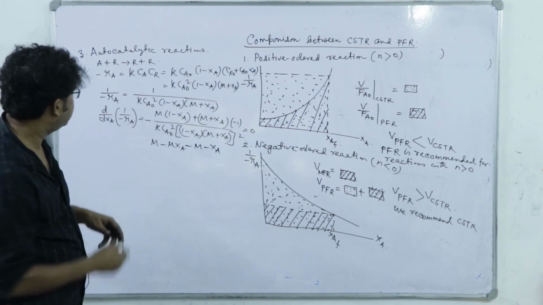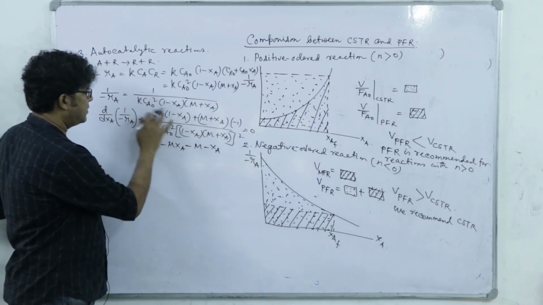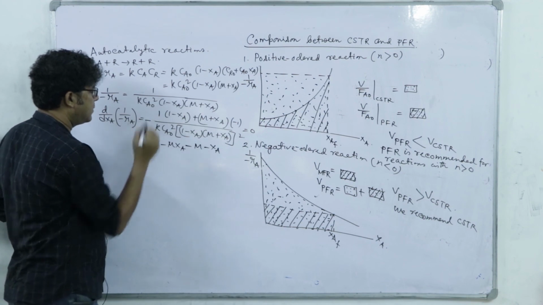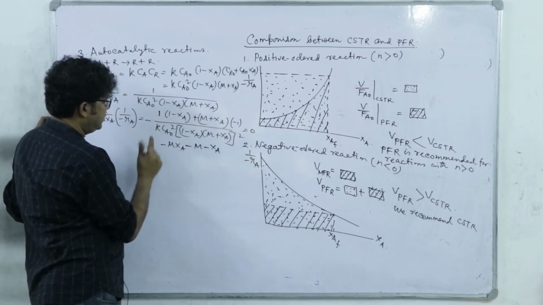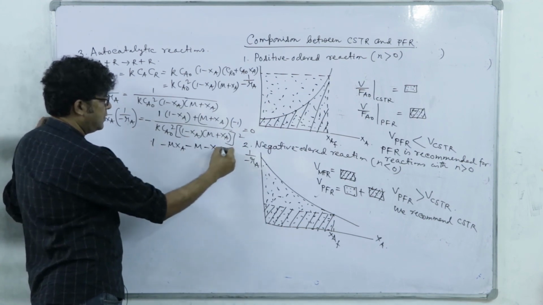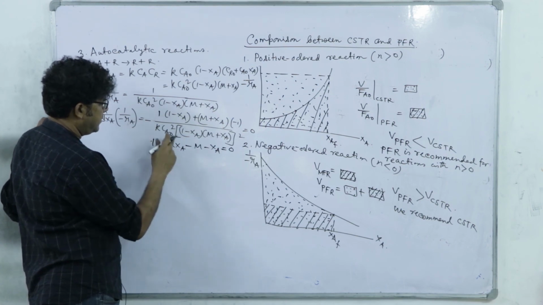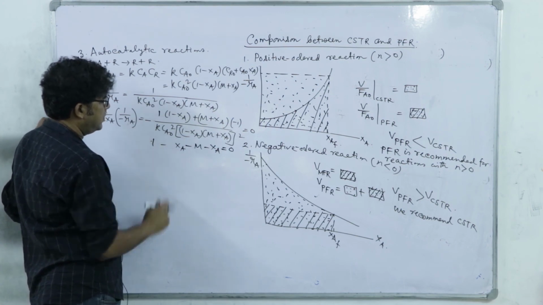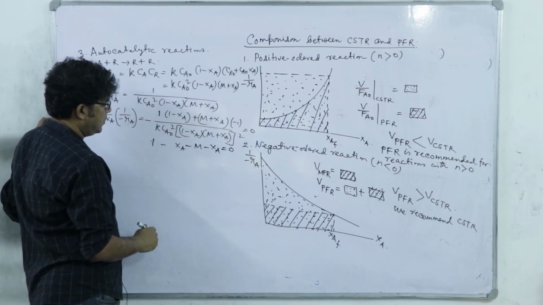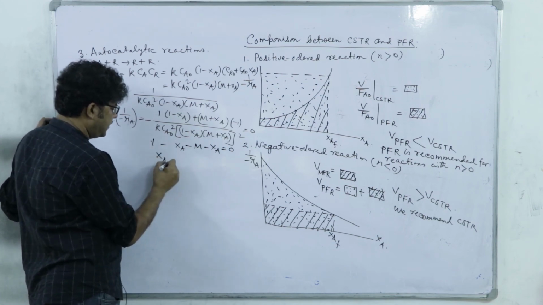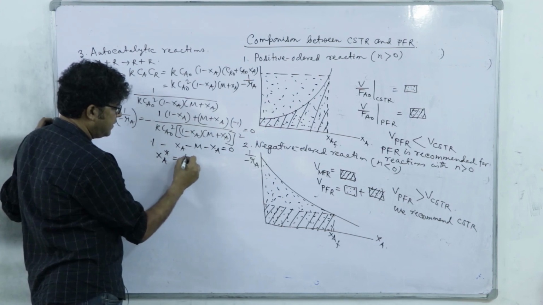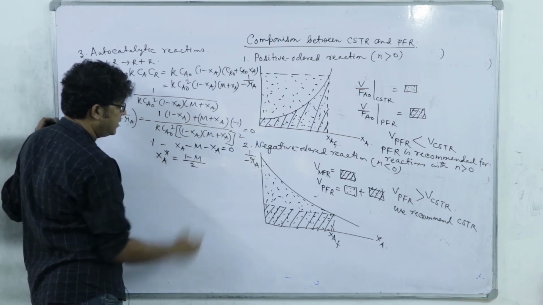Okay, here we have made a mistake. Here it will be 1. So this is 0, and this will also be Xa. So XA star is 1 minus M divided by 2.